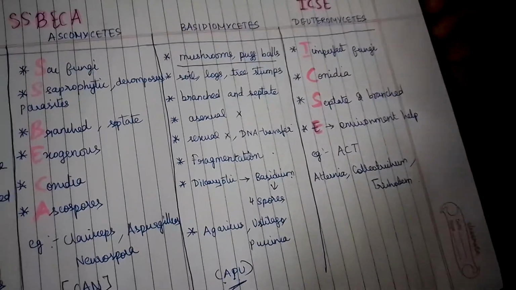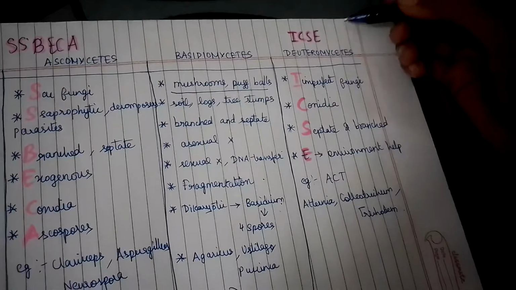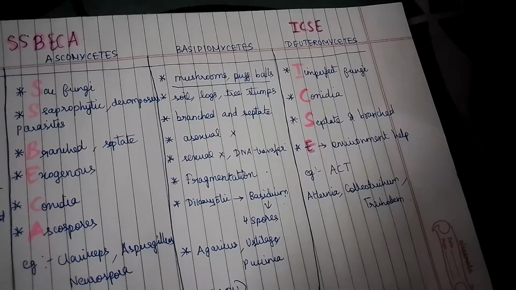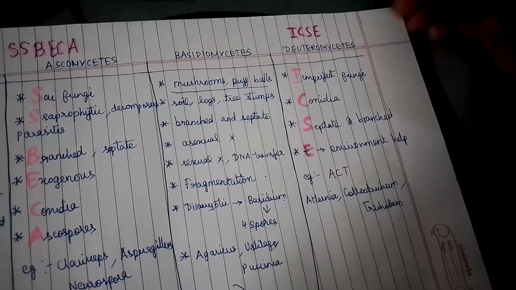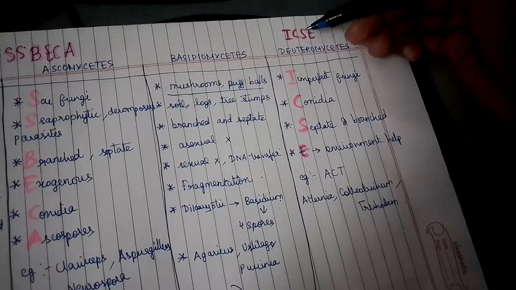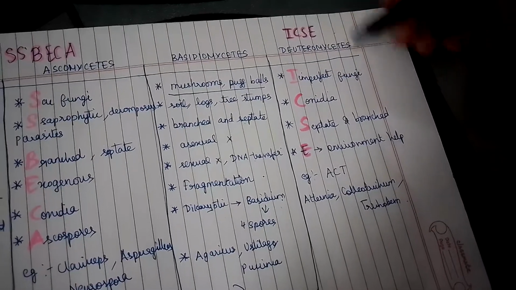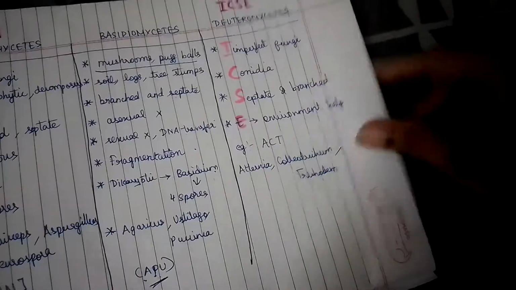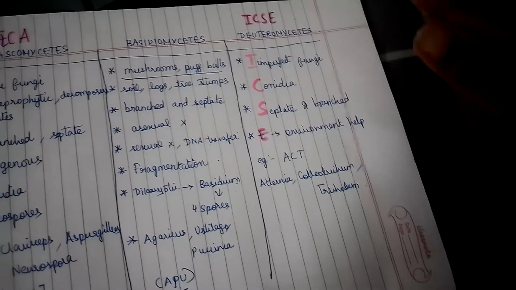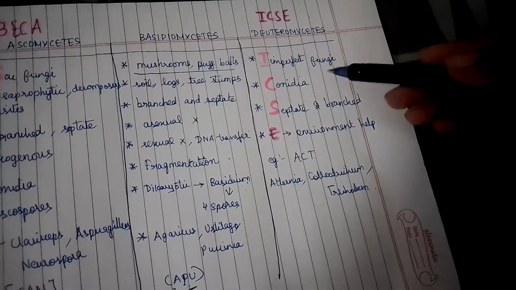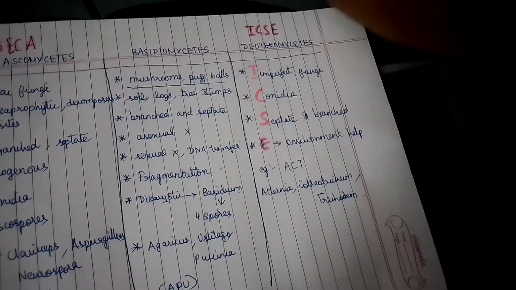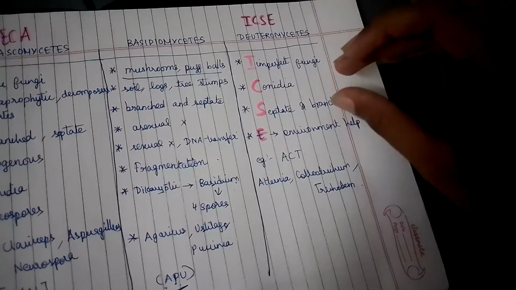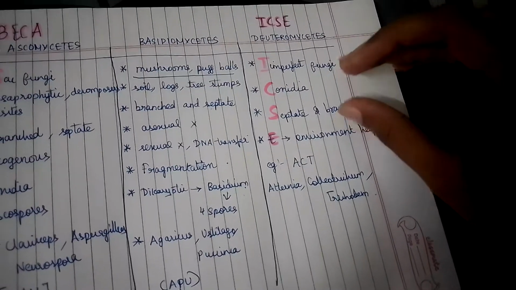Now Deuteromycetes, ICSC. I hope everybody is familiar with this word. I stands for imperfect fungi. They are known as imperfect fungi because the sexual status of these fungi is not known. C is for conidia, because the asexual spores are known as conidia.